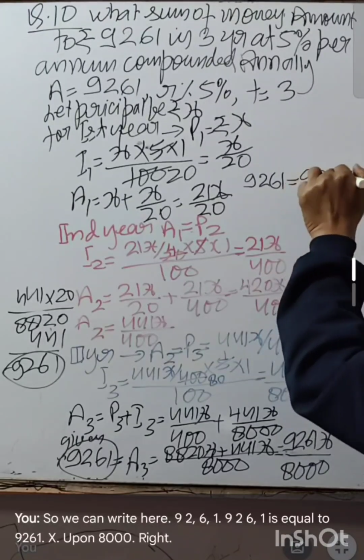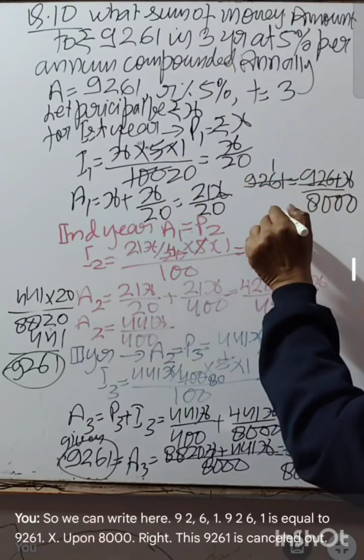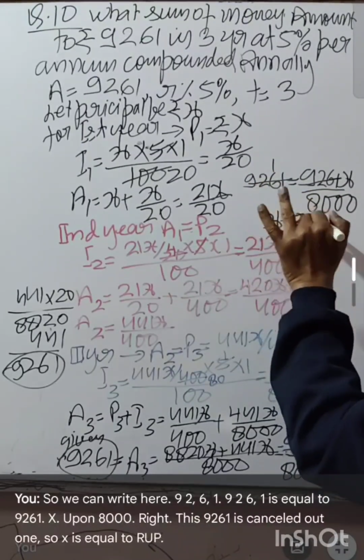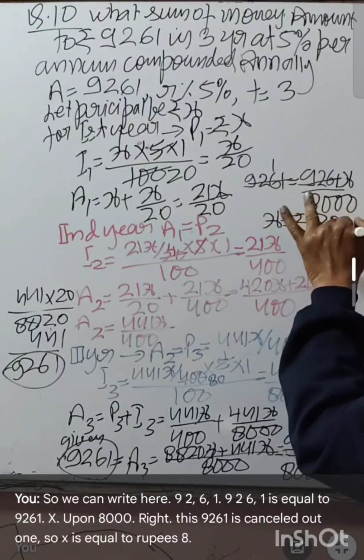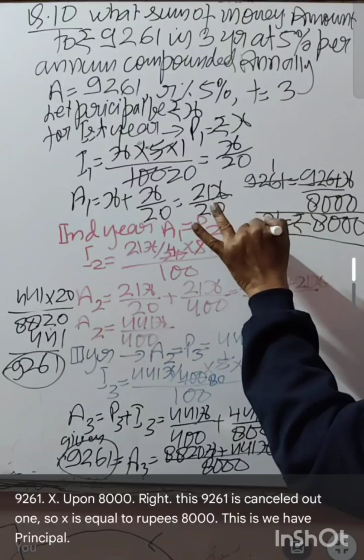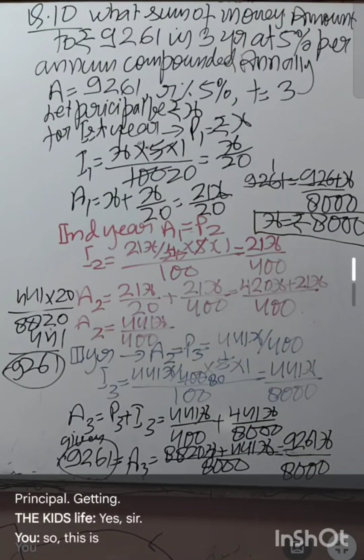This 9261 is cancelled out, so x is equal to rupees 8,000. This is our principal. Getting it?